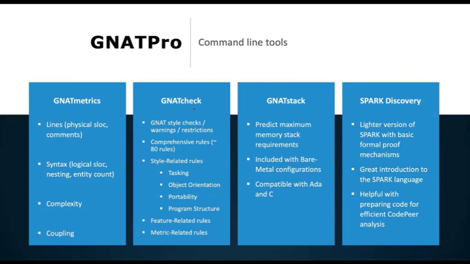You can also put in style-related rules, like pretty printing, how the code should look, or what features you're using. So let's say you don't want to allow tasking, or you don't want to allow object orientation, or you want to guarantee that you're using portable pragmas and not vendor-specific pragmas. You can do that with the coding standard checker.